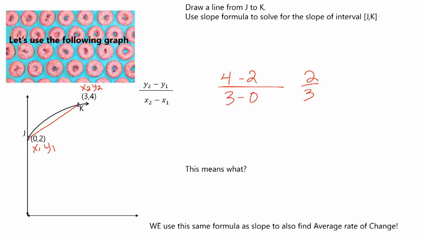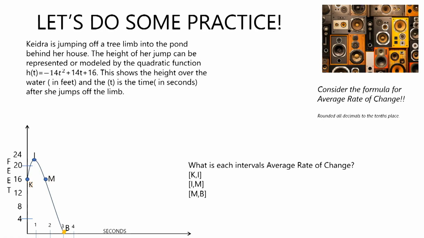It means that I am going to rise 2 units, and then I'm going to run 3 units. We use the same formula as slope to also find our average rate of change. The reason we're saying average rate of change is because this is not a linear function. All right, let's look at the next one.